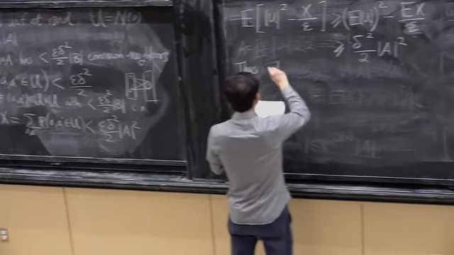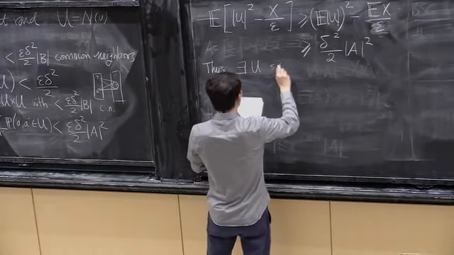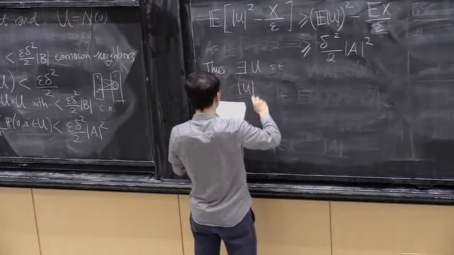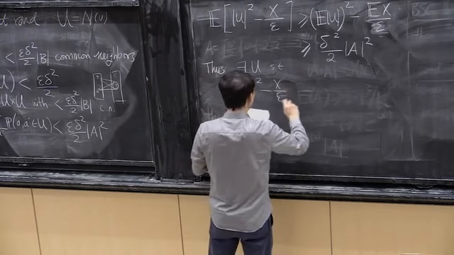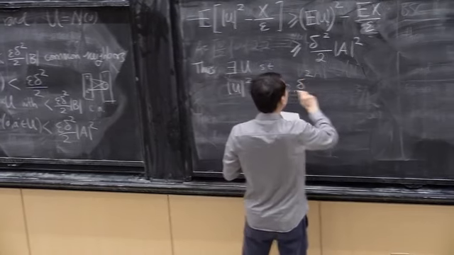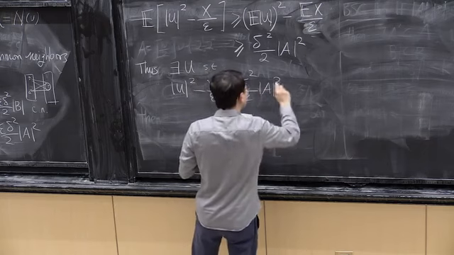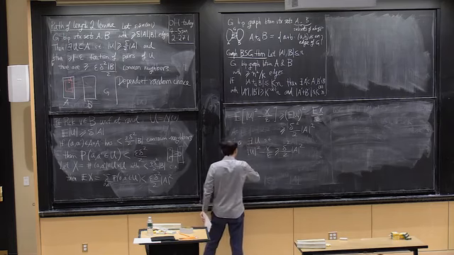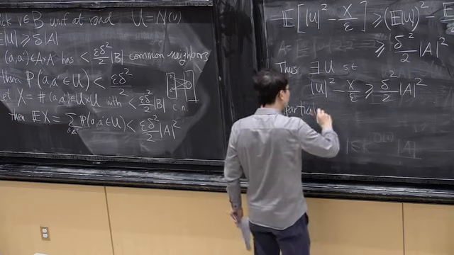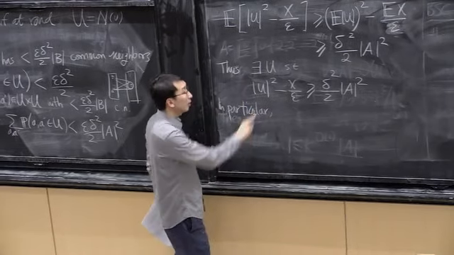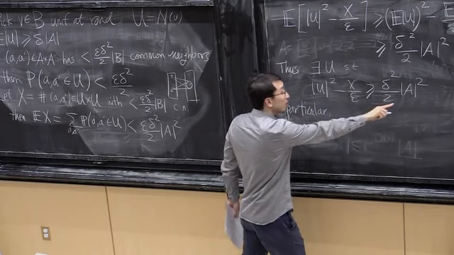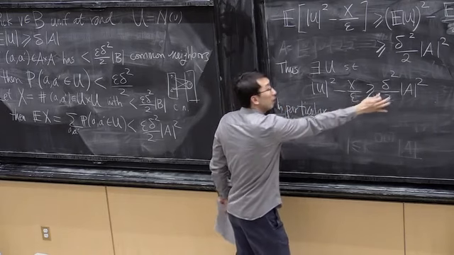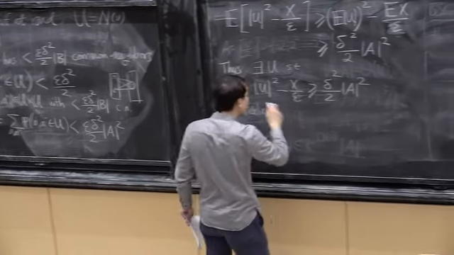So there exists some U such that this inequality holds. In particular, we find that the size of U is at least, just forgetting about the minus term, the square root of the right-hand side.